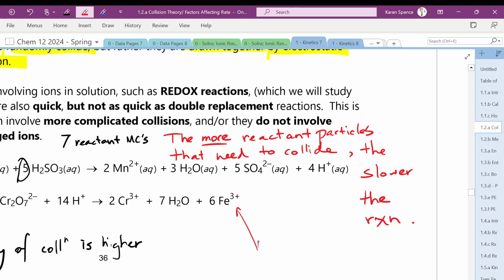So these 2 reactions are still fast, but they're not as fast as a double replacement.